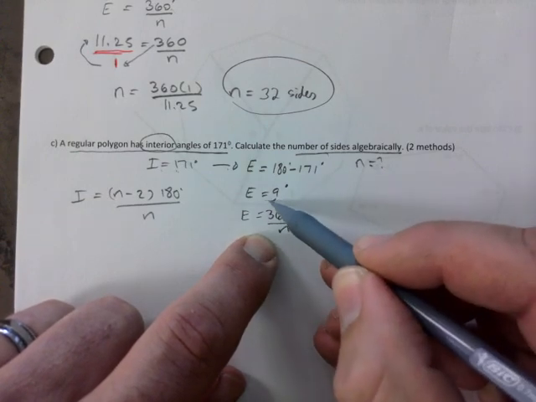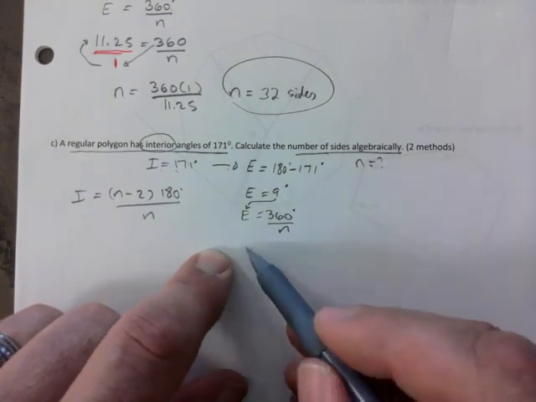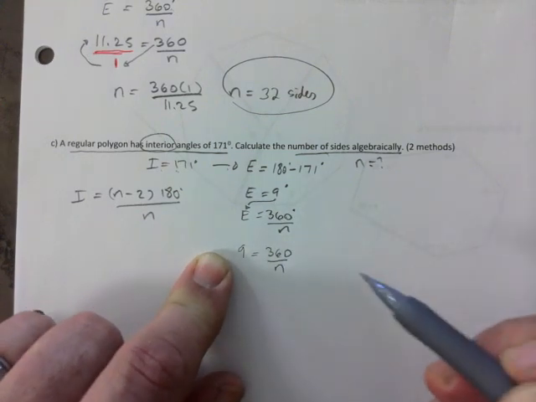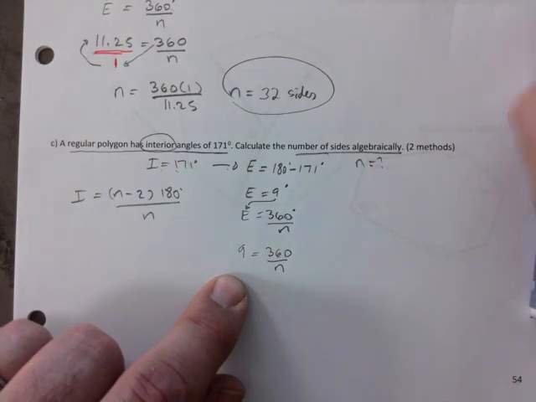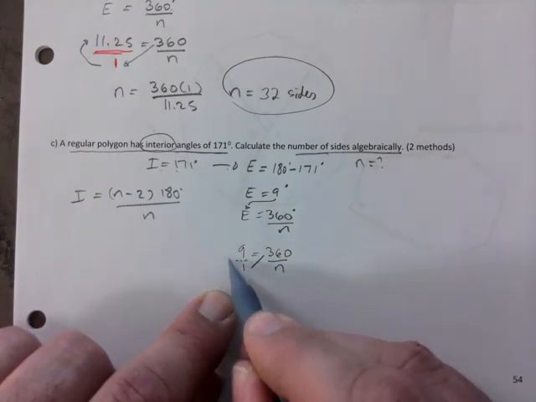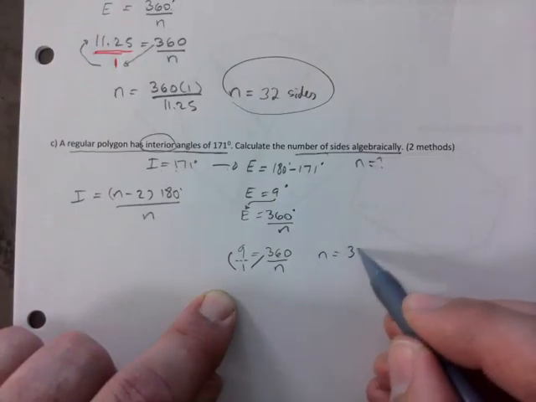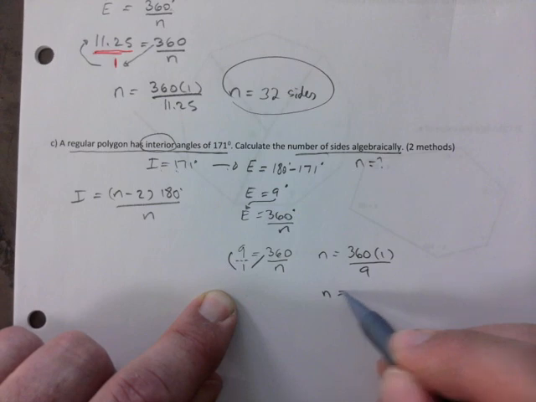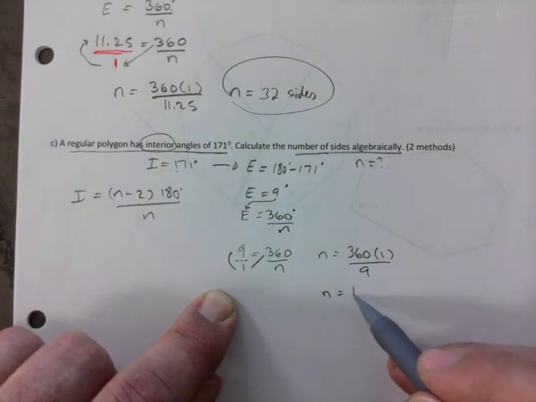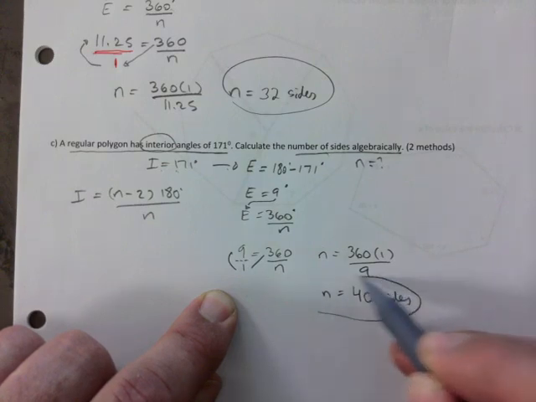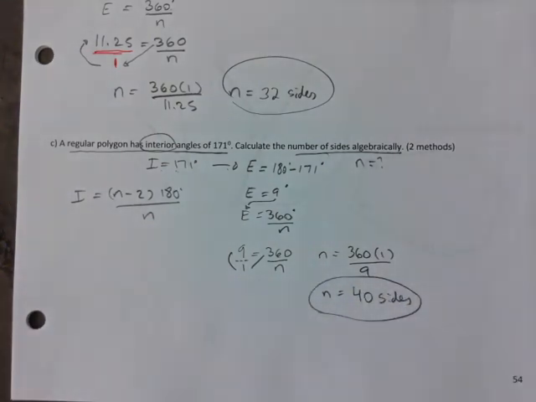You plug in 9 here. So that's 9 is equal to 360 over n. And then you just put a 1 here. So it's times divide. So it's 360 times 1 divided by 9. That's 40 sides. You're not finding degrees when you're doing backwards. When you're finding n, you're finding number of sides.